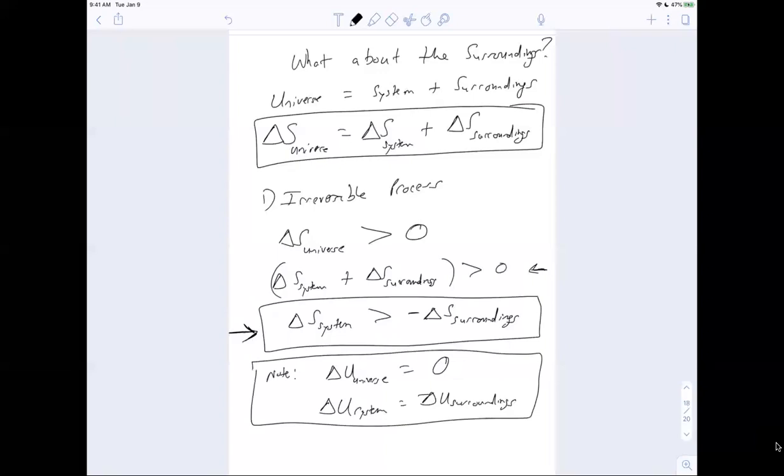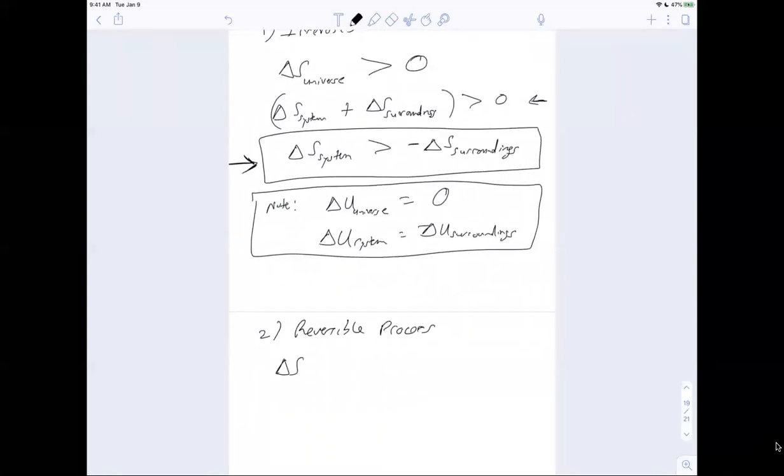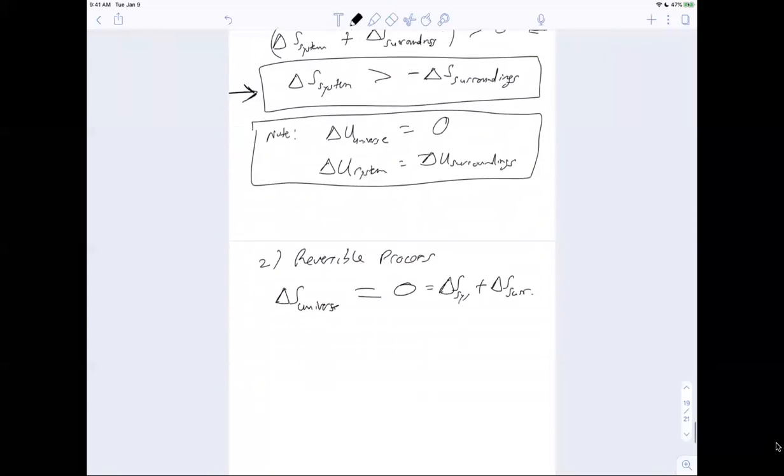Now, if you have a reversible process in the universe, we know that delta S universe is equal to 0, and that's just delta S system plus delta S surroundings. And in this case, delta S system is equal to minus delta S surroundings.